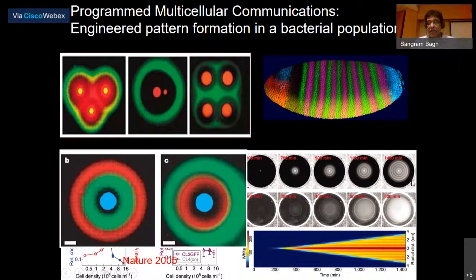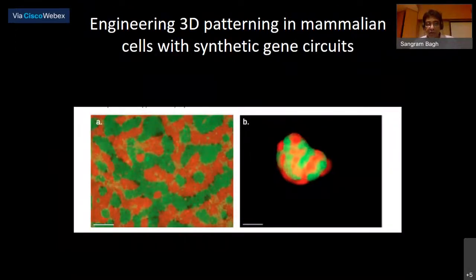But what I'm trying to tell you is that synthetic biology is now going exactly by design principles and engineering in such a way that you can actually produce this kind of pattern. People developed this kind of pattern again in mammalian cells. This is a 3D mammalian cell system, where the green and red are programmed in such a way that you can develop these patterns.